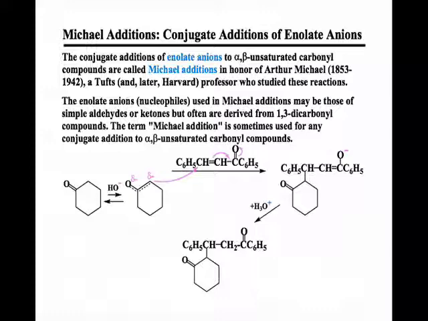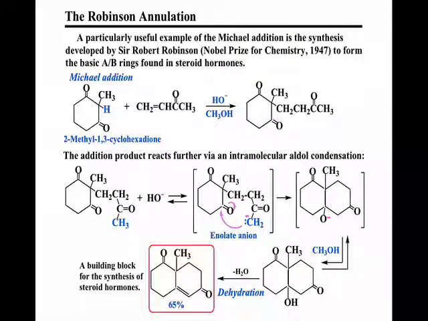Okay? Last time, we talked about aldol, and we talked about Claisen and Dieckmann, right? And in those we were generating enolates and enols that would react with carbonyls. But here the enolates are going to react at the Michael carbon.